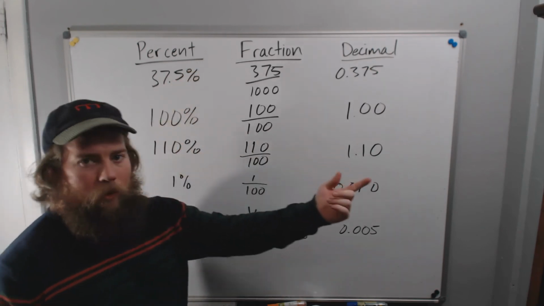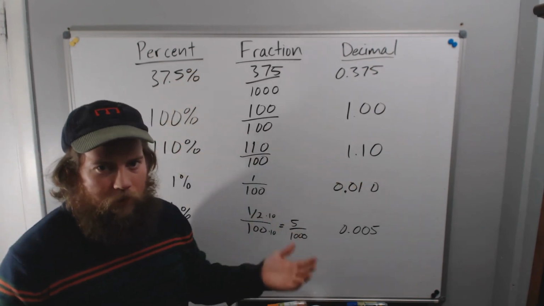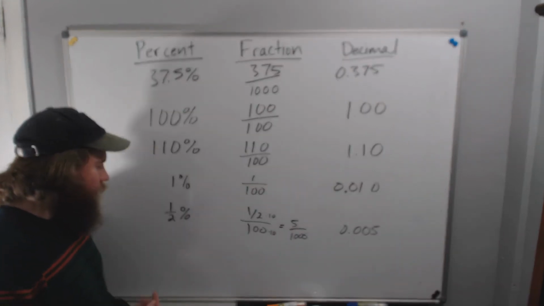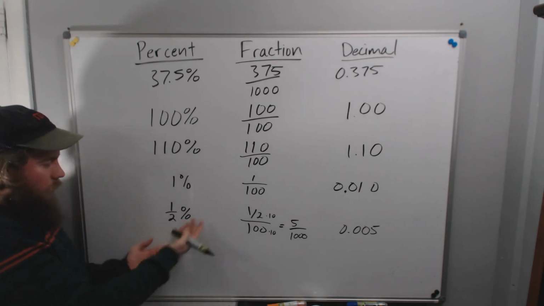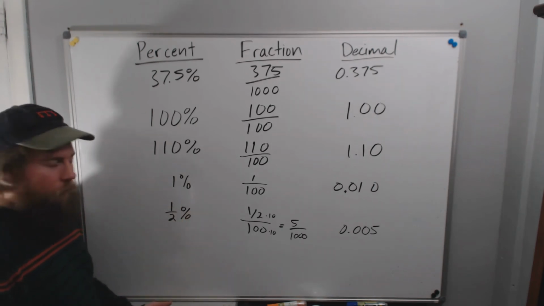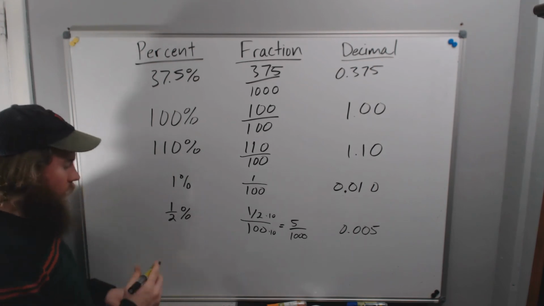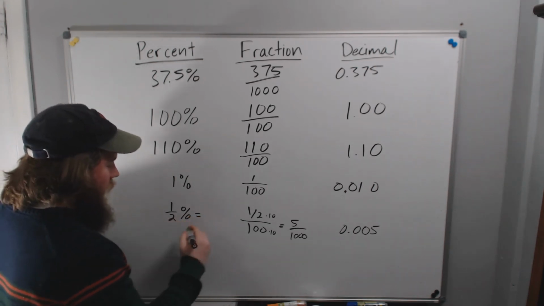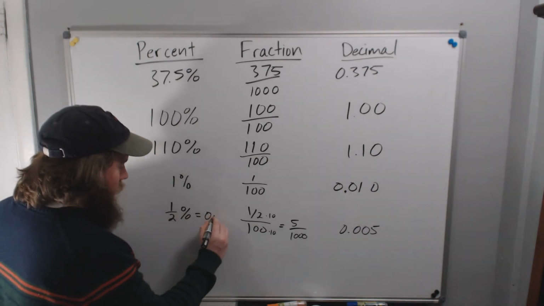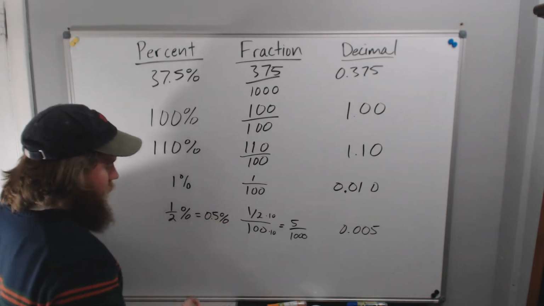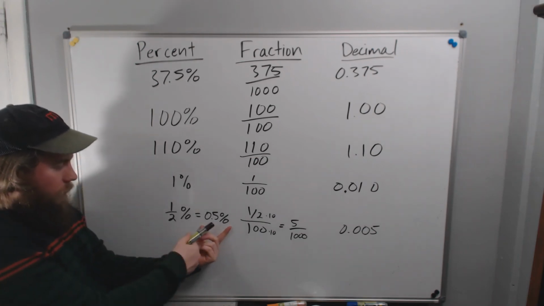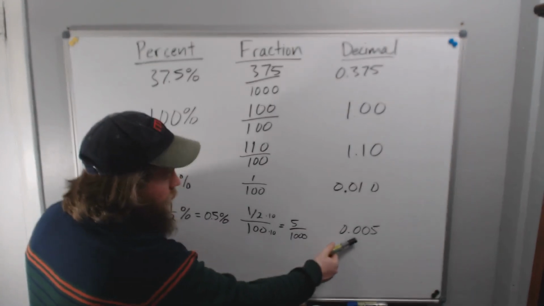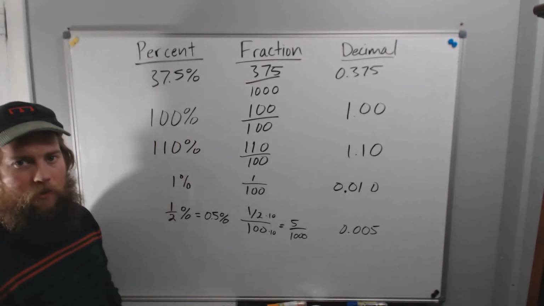Going from a percent to a decimal is just as simple as moving the decimal 2 places to the left. Well, where is the decimal in 1/2? You have to remember that 1/2 is the same as 0.5. So 1/2% is the same as 0.5%. And now we have something with a decimal point in it, so if we move that 2 places to the left, we do in fact get 0.005.